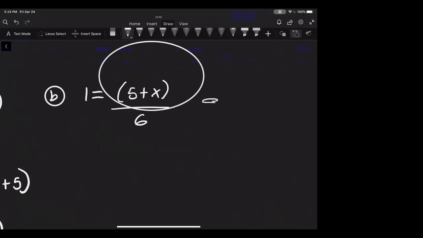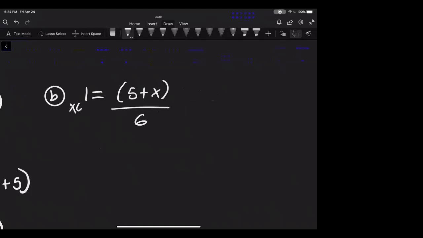We're only going to look on this side of the equal sign. Is there anything outside of the brackets? Just the 6, right? Is it multiplying or dividing or adding or subtracting? What is it doing? You're dividing, so then we need to multiply.